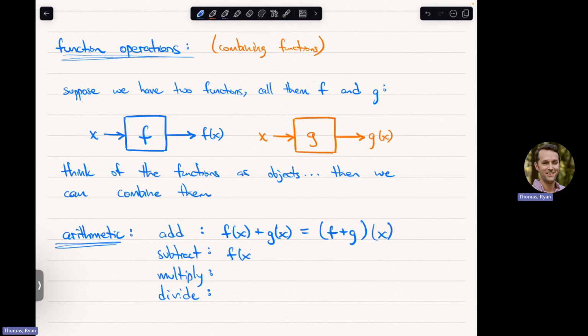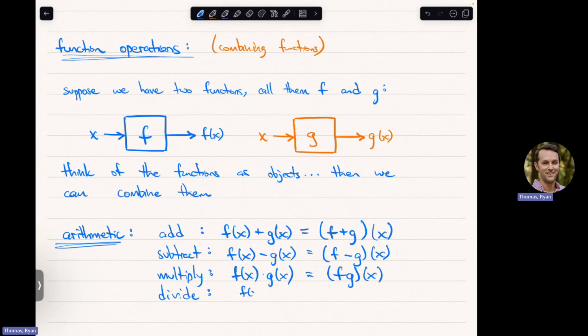Similarly, I'm just going to write these quickly, but it's the same idea. We just combine them, doing whatever the indicated operation is. That one's usually written like that, where we're concatenating, putting the things next to each other to mean multiplication.